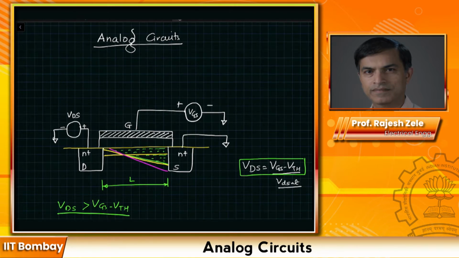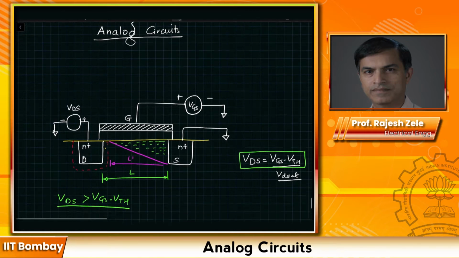As we said earlier, there is a reverse bias for the PN junction, which is drain to the substrate region or drain to bulk, as a result of which we will have a depletion region over here around this. So the channel terminates just before the depletion region. The new channel length is then given by L prime. So this is what we learned last time.